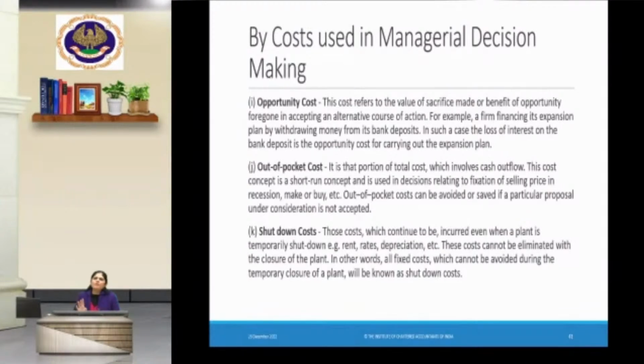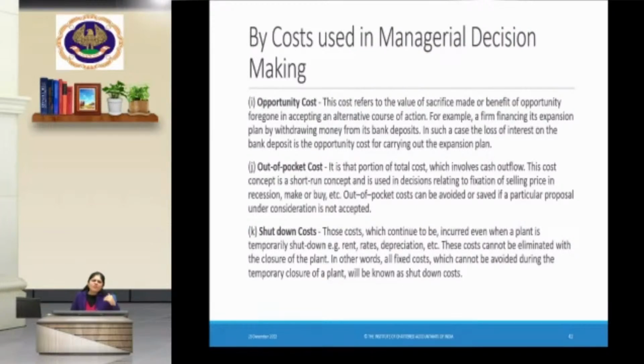But I have not deposited in bank, I have invested 10,000 in business. So that interest which I have sacrificed, which I have lost, is the opportunity cost. It's basically the benefit foregone because I have invested in an alternative course of action. That is opportunity cost. All right.